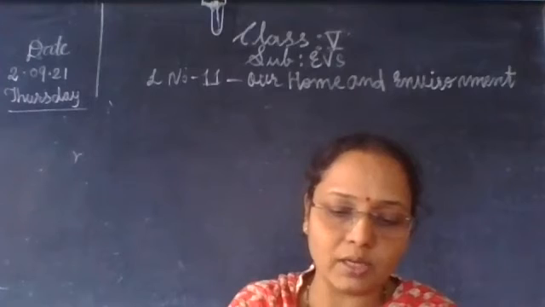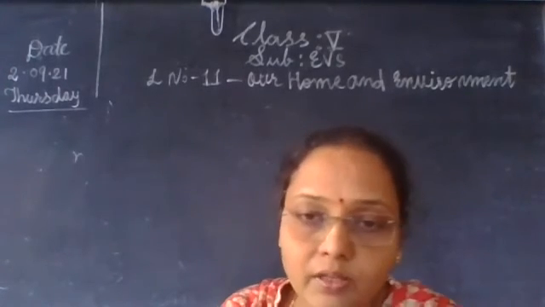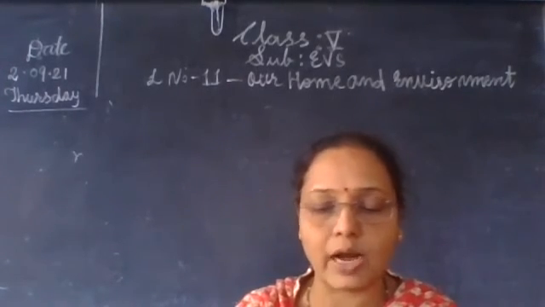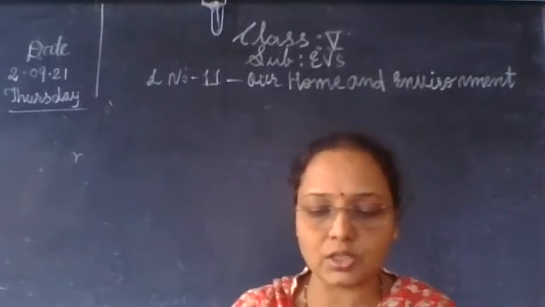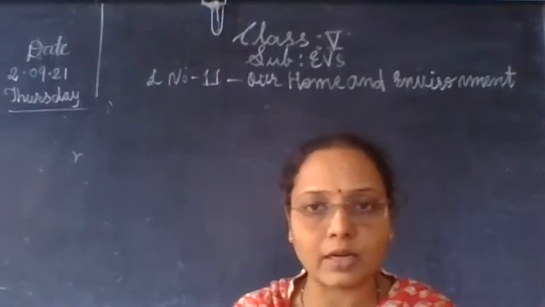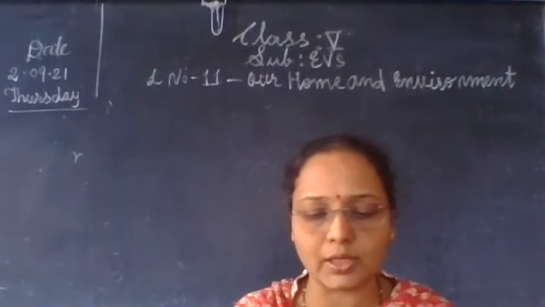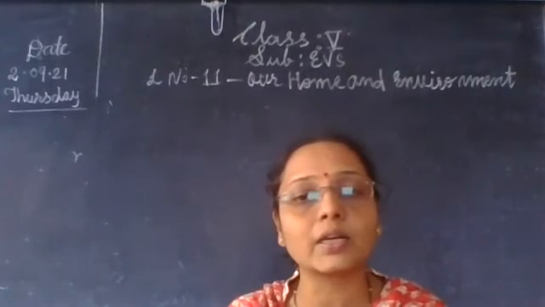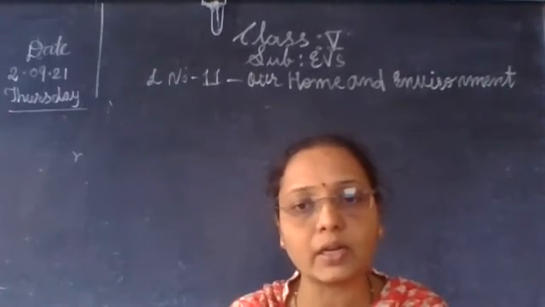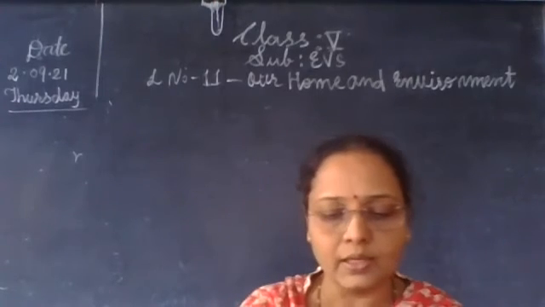So this is about the lesson. What we learn in this lesson: we observe a variety of types of houses, house construction in regions of different climate. Houses are built to suit the climate of that region. Depending on the climatic conditions of the area, houses are built up.